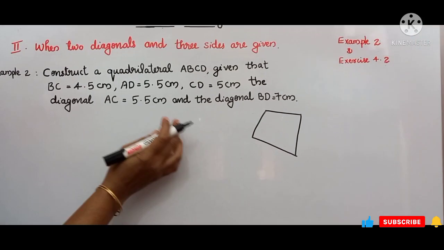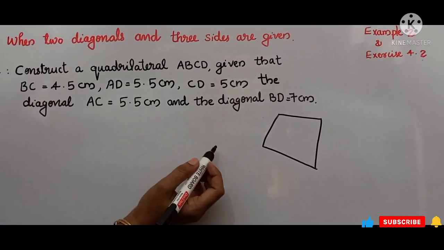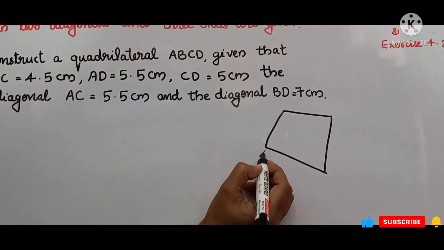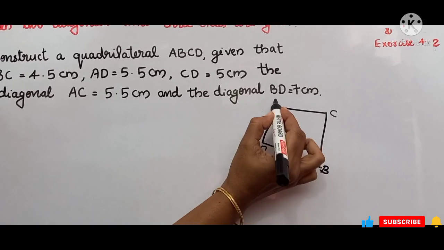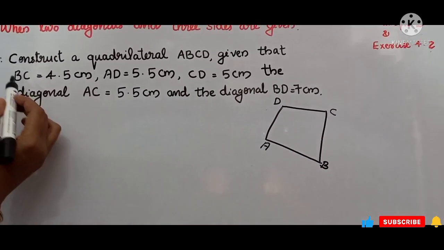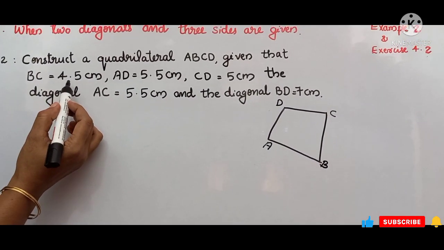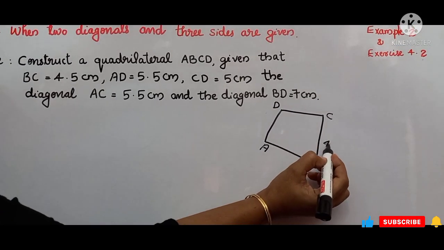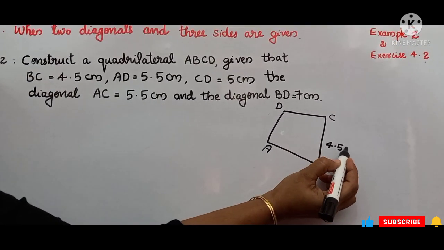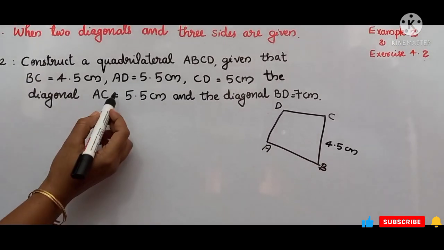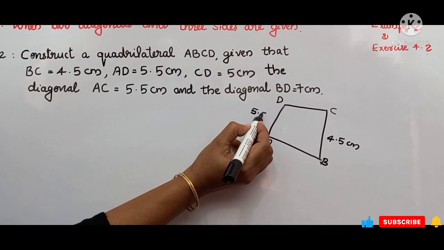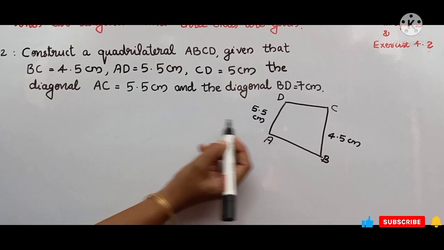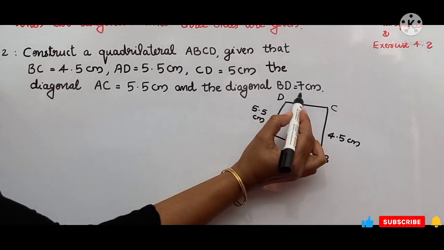For visualizing the original figure only, we are drawing that rough sketch, and we can give the names A, B, C, D. Here it is given BC is equal to 4.5 centimeter, right here BC 4.5 centimeter. AD equal to 5.5 centimeter, here it is AD 5.5 centimeter. Then CD is equal to 5 centimeter.